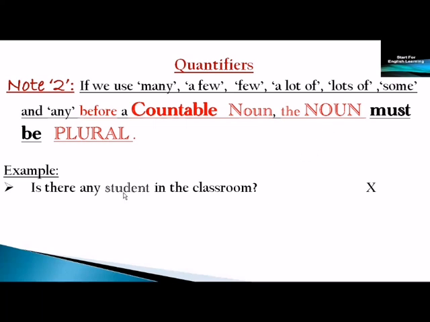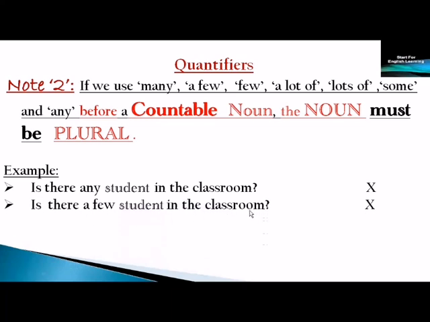The noun student must be plural. This is an incorrect sentence. It should be, are there any students in the class? Are there any students in the classroom? Therefore, it's incorrect.